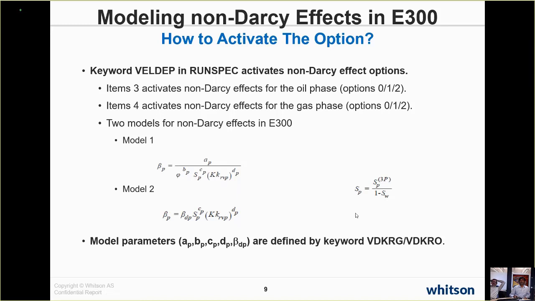So on the definition of SP to the right, what does it mean, SP to the power of 3P? It's not the power, it's saying the three-phase saturation.